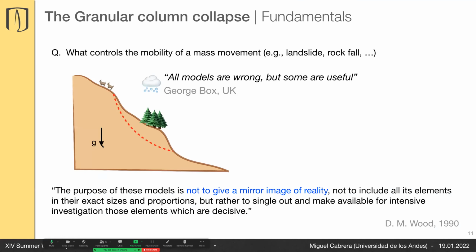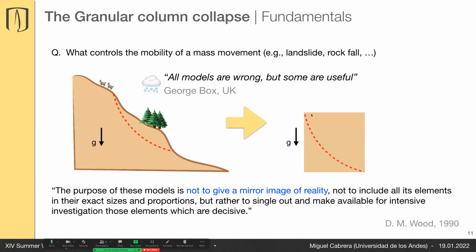So again, what we have in nature is a mountain with a given slope with many complications in it. We have animals, we have people living next to it, we have vegetation, we have the weather effect. But even though all these things happen, we have a sliding plane. This sliding plane can then be simplified as a block, as a prismatic block.